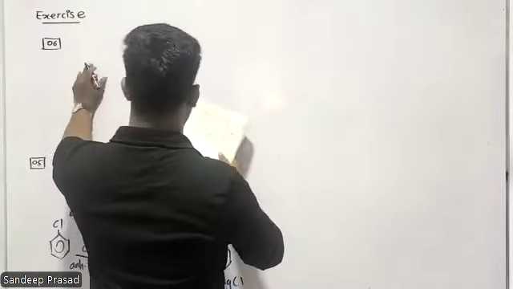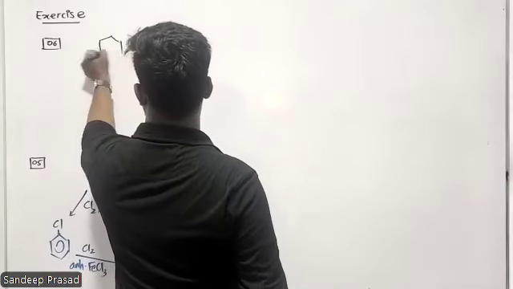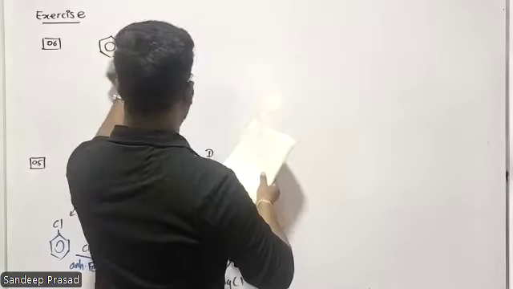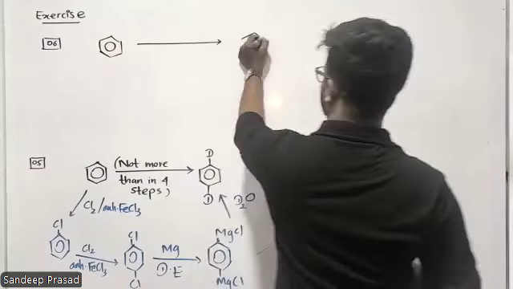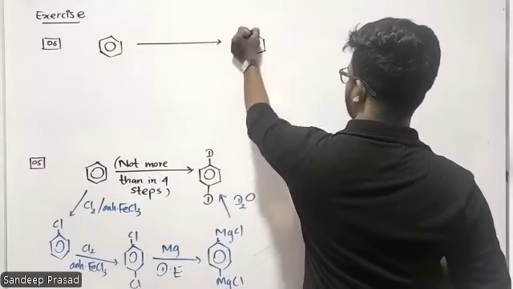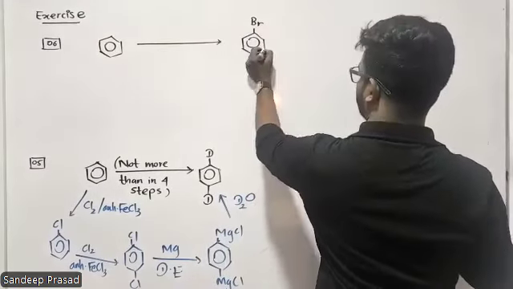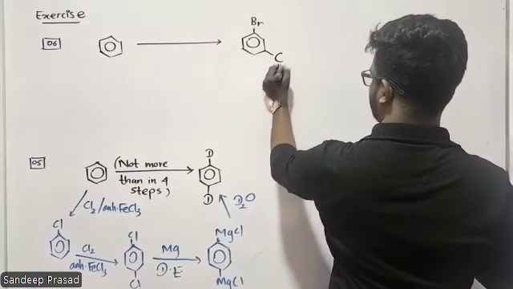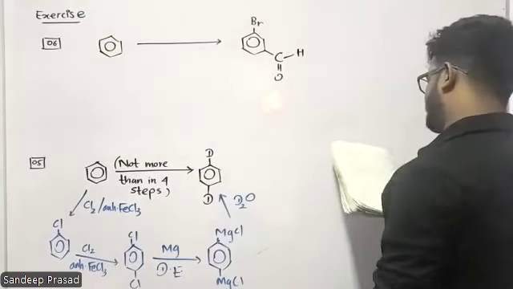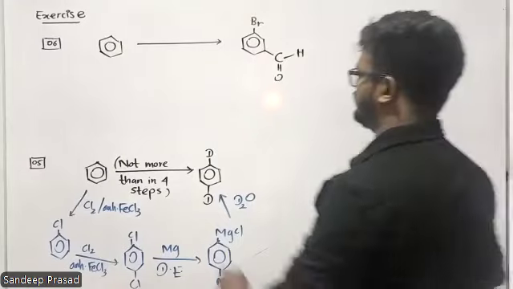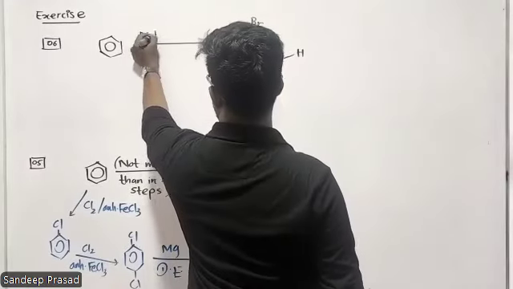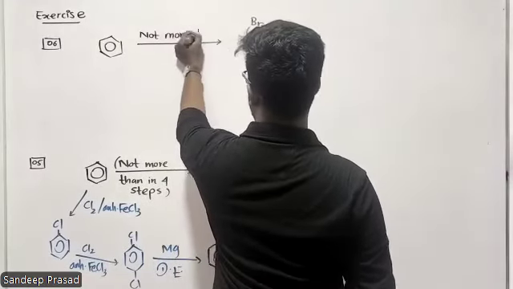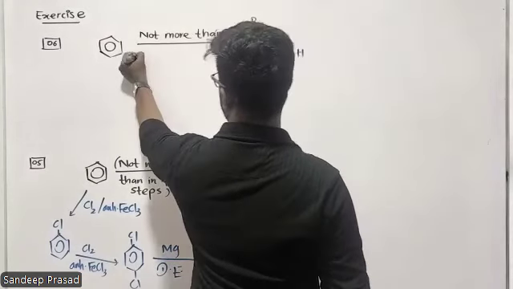Question number 6: we are starting from the benzene ring, not more than in 5 steps.